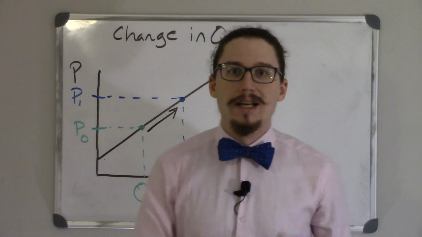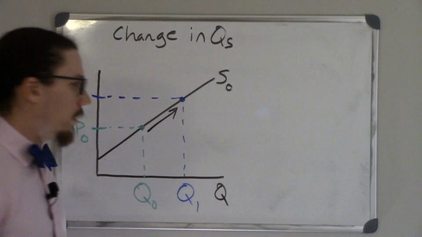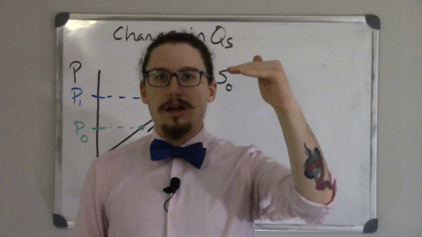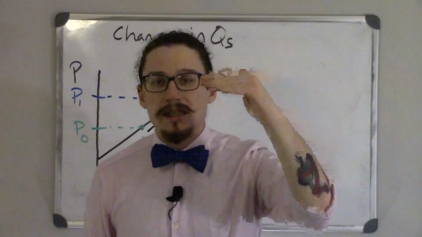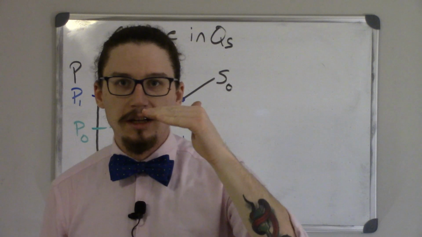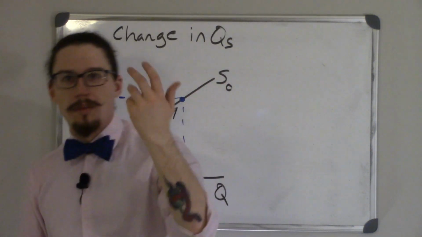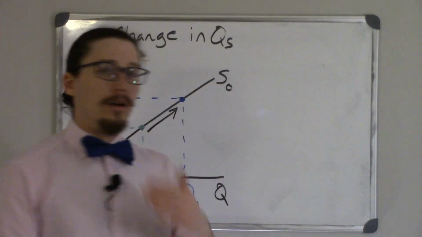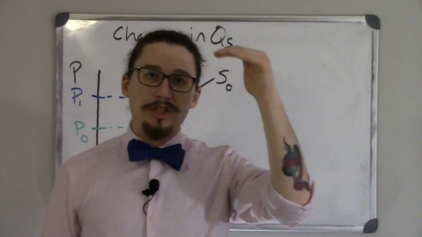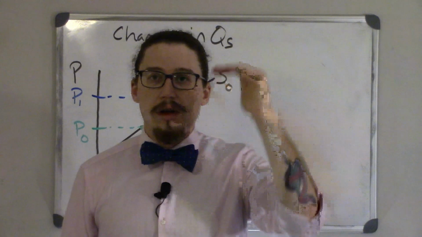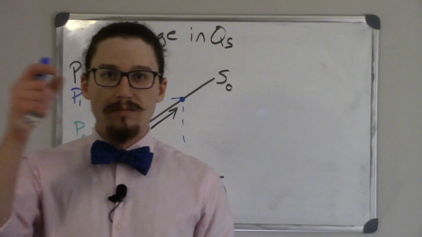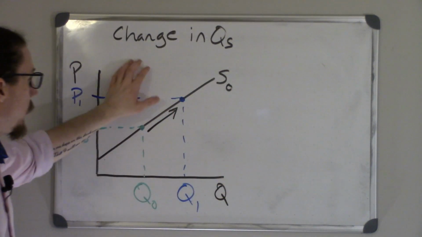That's essentially all we're doing with a change in quantity supplied, right? We're going from selling 10 units at a price of $1 to selling 30 units at a price of $3, right? If that doesn't make sense, go back, watch the last video. But that's all we're doing, right? We're just moving up and down along that little table that we made.